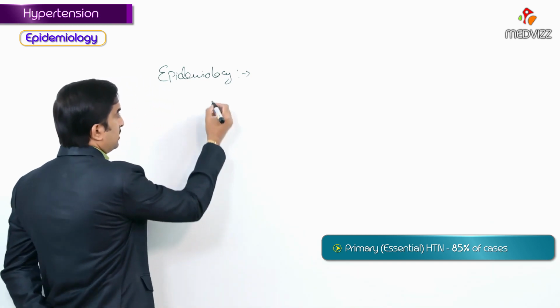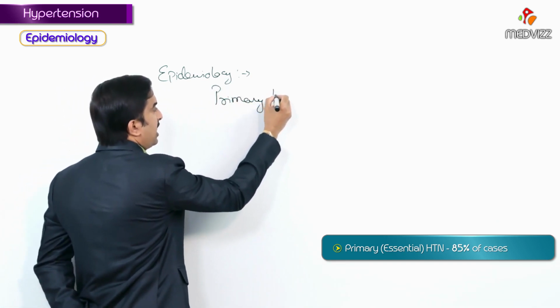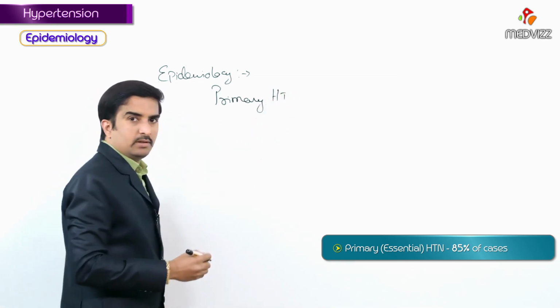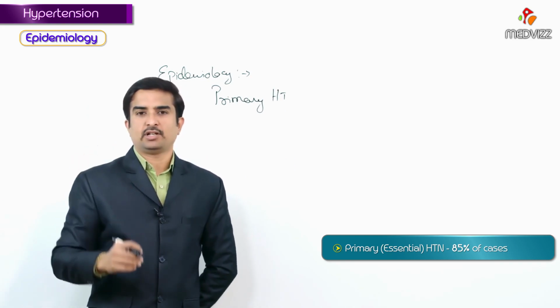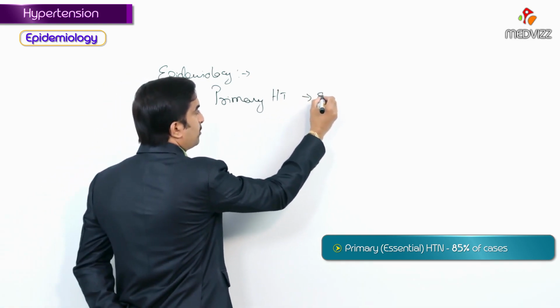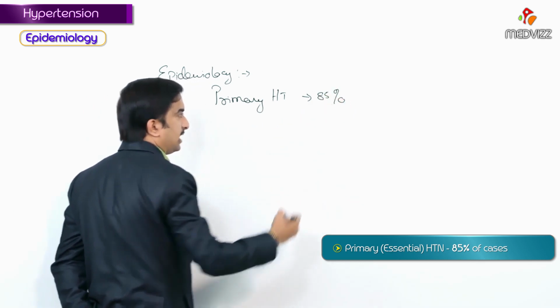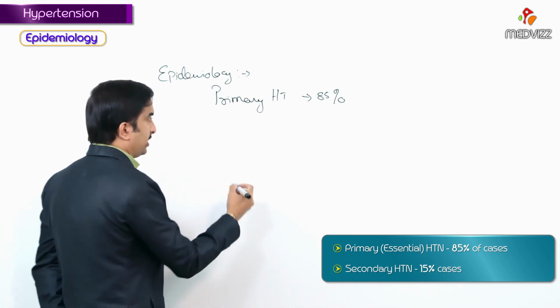So remember that primary hypertension accounts for approximately 85% of the cases of hypertension, and 15% is secondary hypertension.